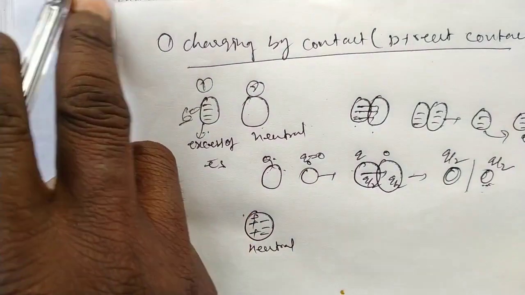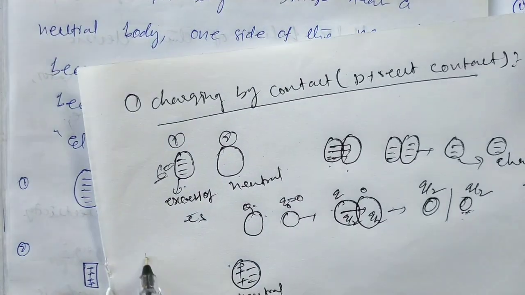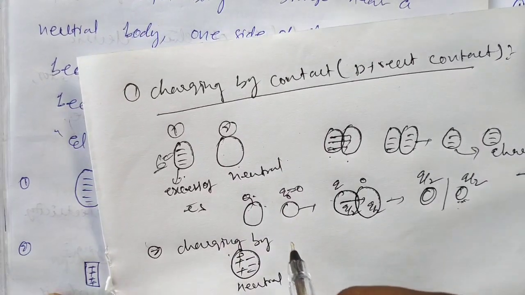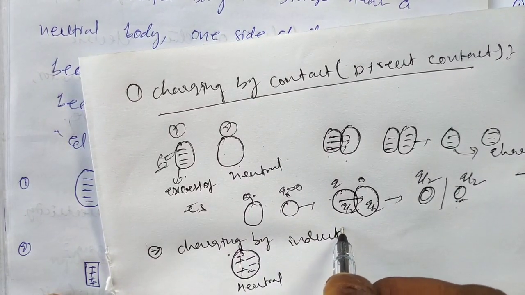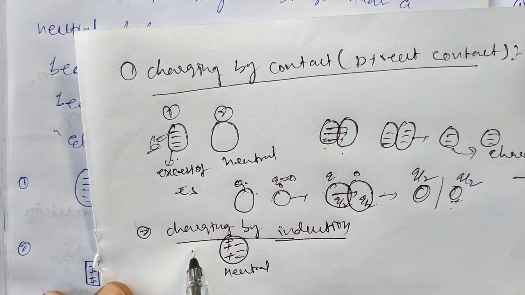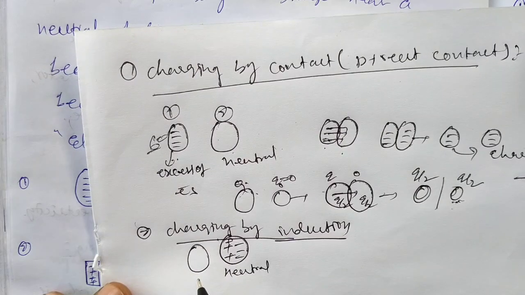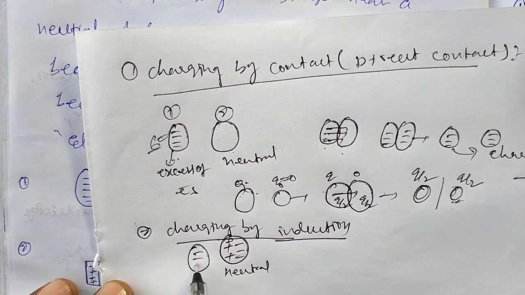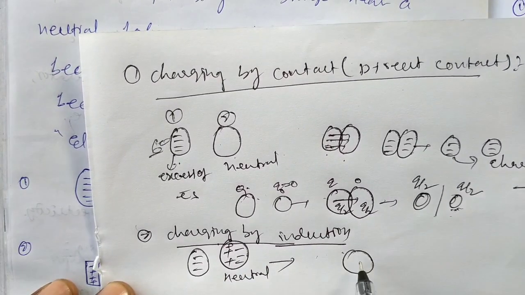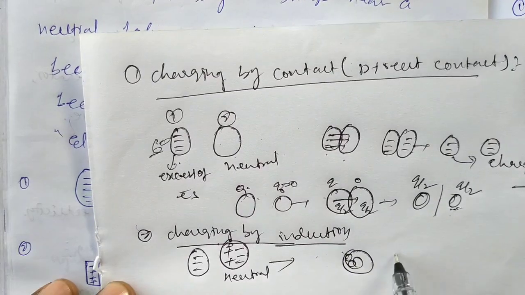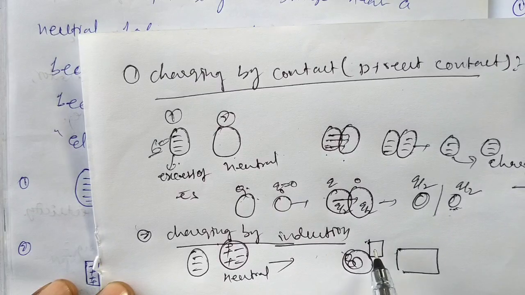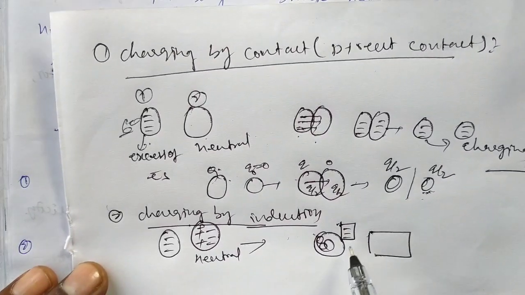In the case of charging by induction, the second method, we have a neutral body. We bring one metal having a negative charge, like this, a negative plate or conductor or metal.